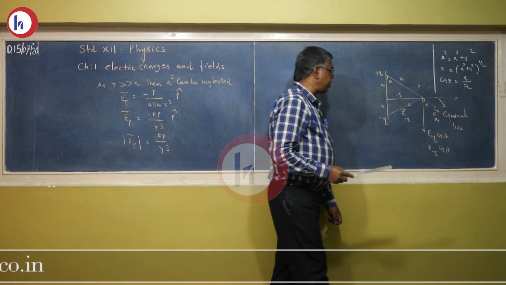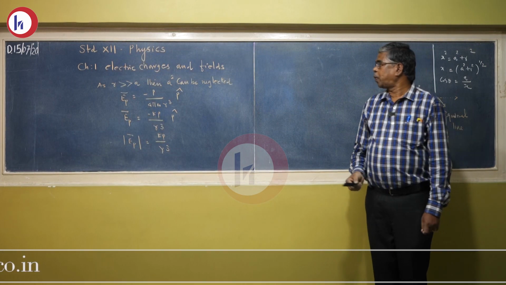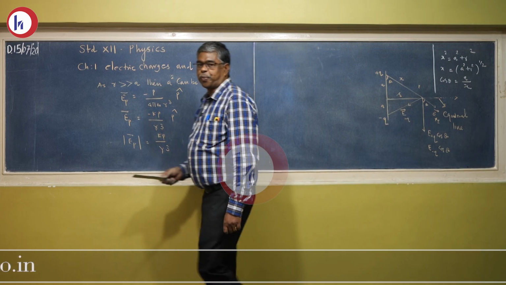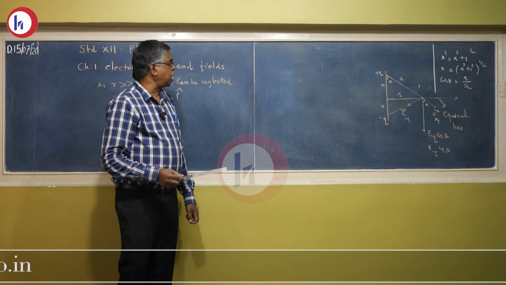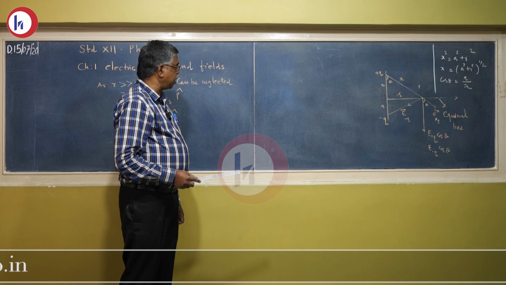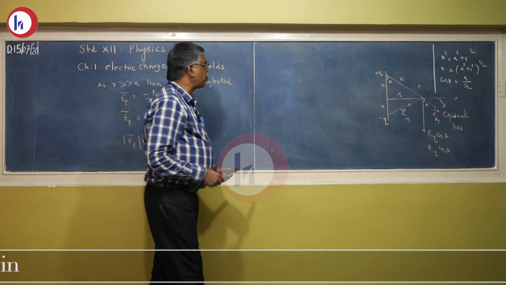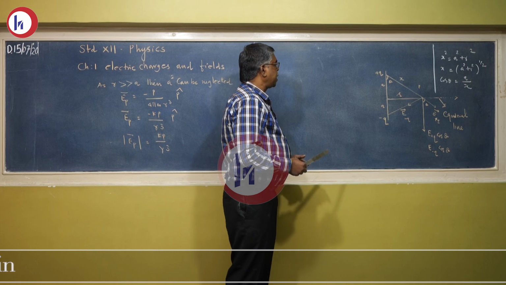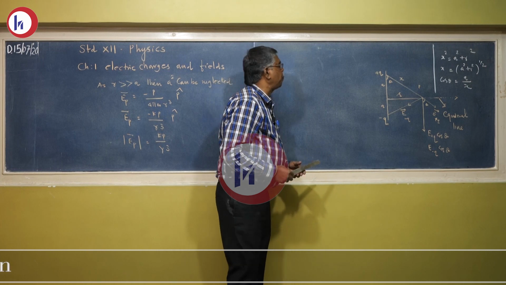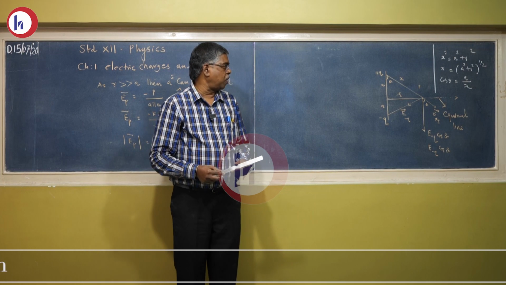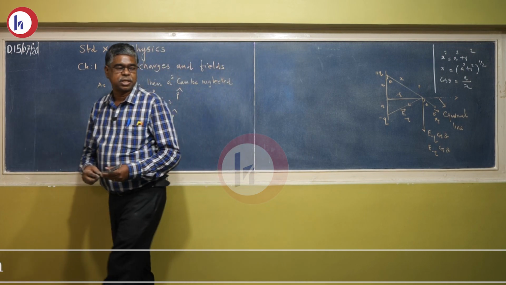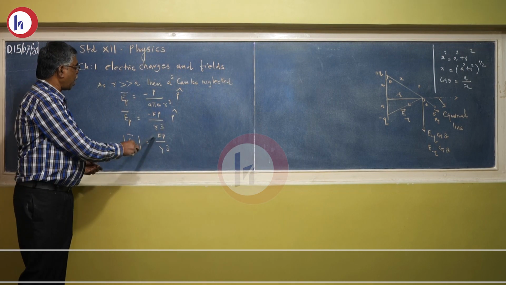So in today's lecture we explained how to find the electric field at a point on the axial line and equatorial line. The formula for electric field at any point on the axial line is 2Kp upon r cube. The formula for electric field on the equatorial line is Kp upon r cube.